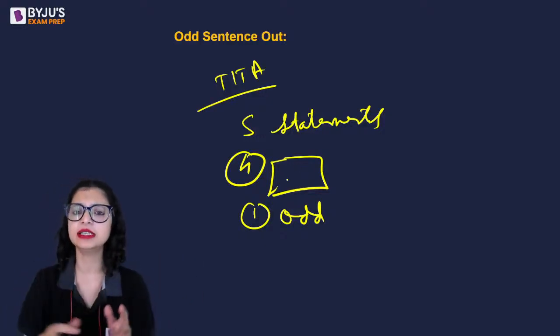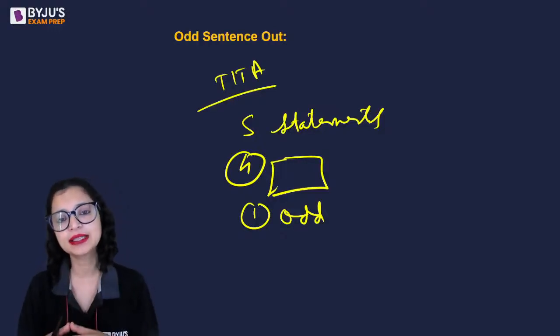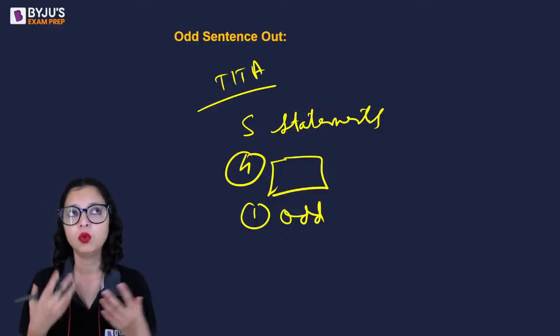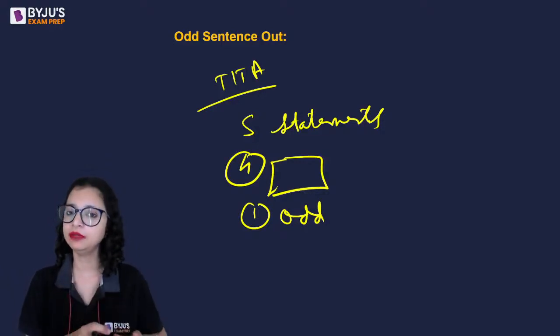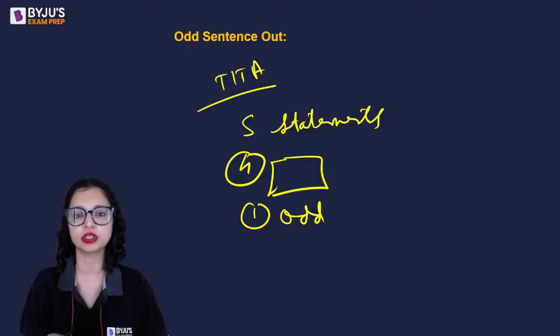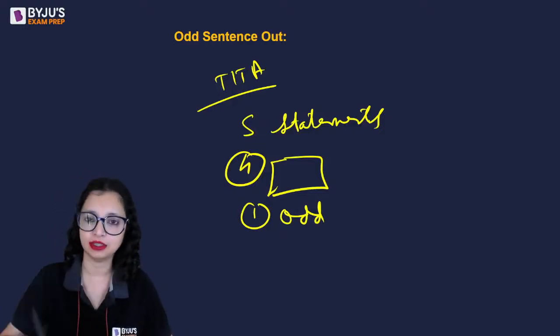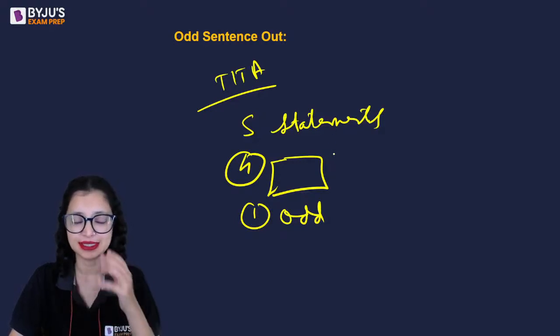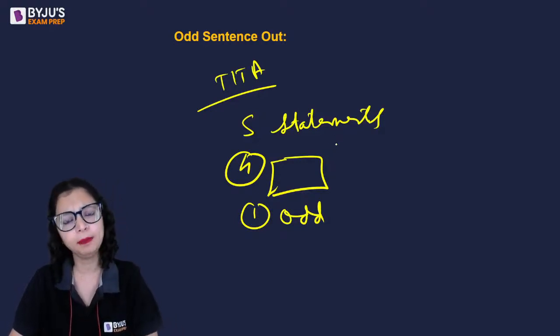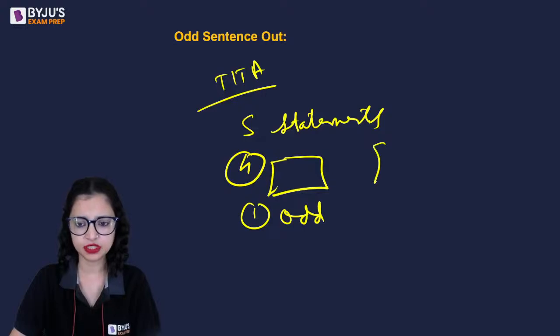Now, let's first understand if an examiner makes such a question, what does he keep in his mind while he makes it up? Because if you know the perspective of the examiner, attempting such a question is going to be comparatively easy for you. So when an examiner makes up an odd sentence type question, he will pick up 4 statements from the same paragraph that will come back to back, okay, in a sequence.